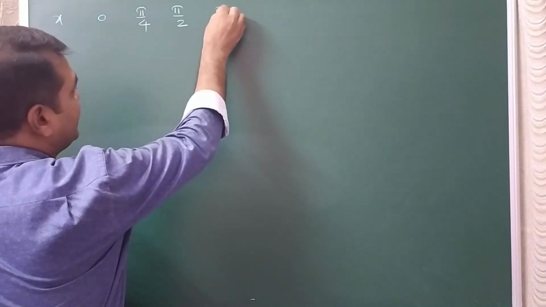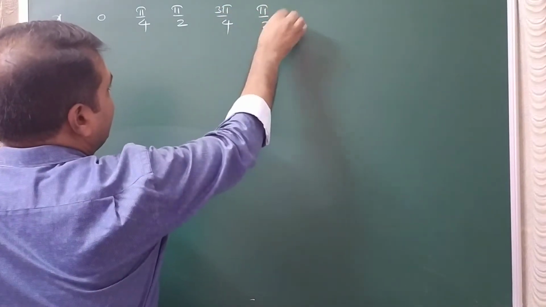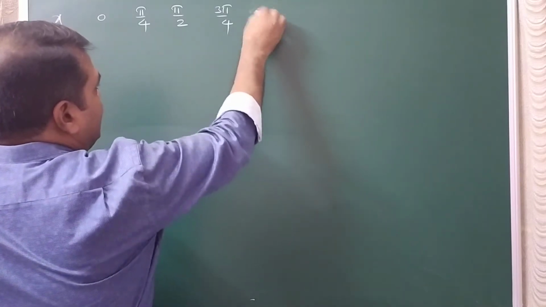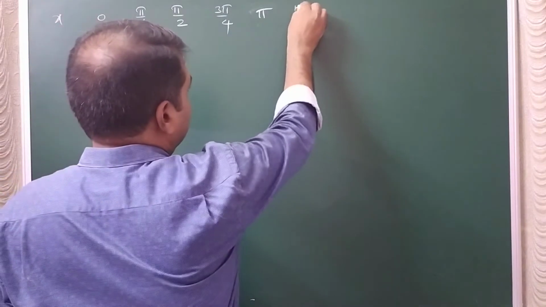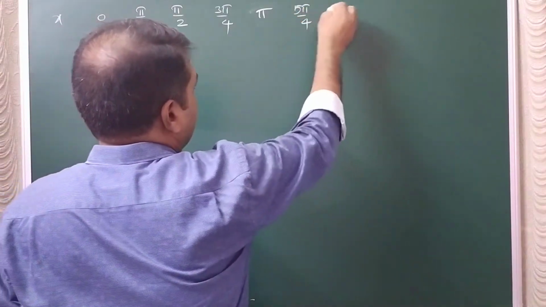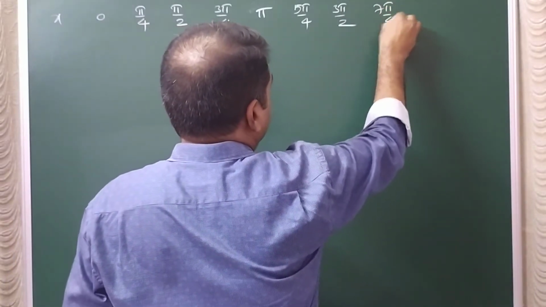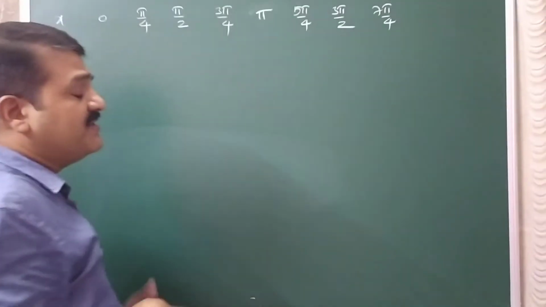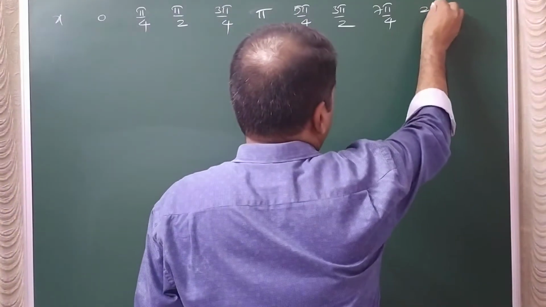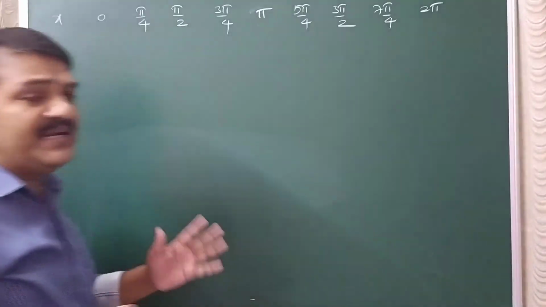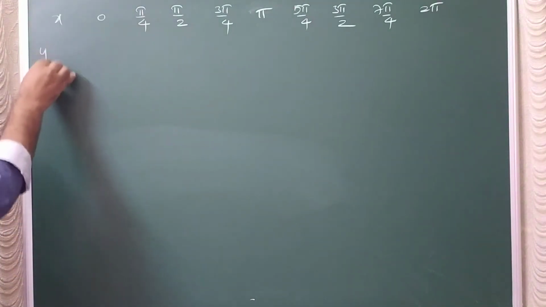So let me take angles with a difference of pi by 4, or 45 degrees. Between 0 and 2 pi, let us draw the graph of y is equal to sine square x.